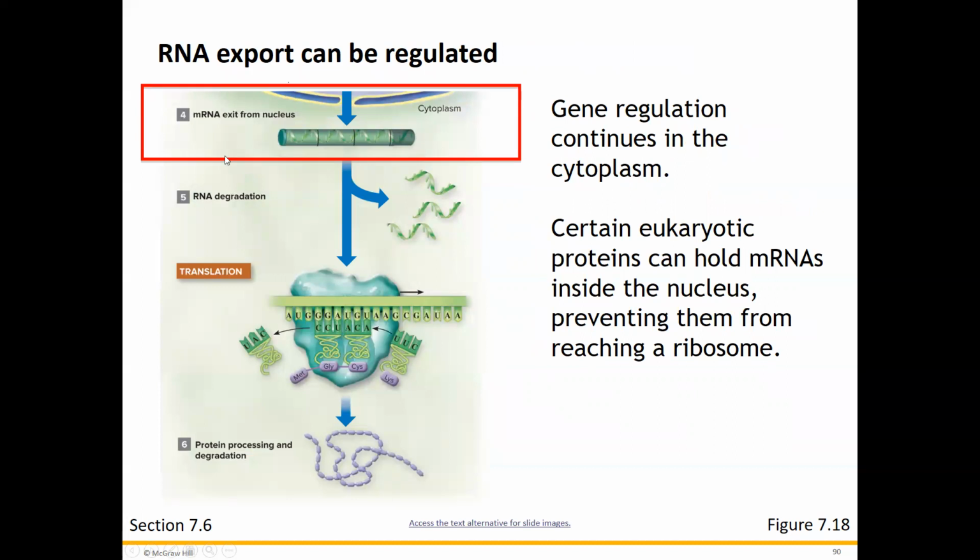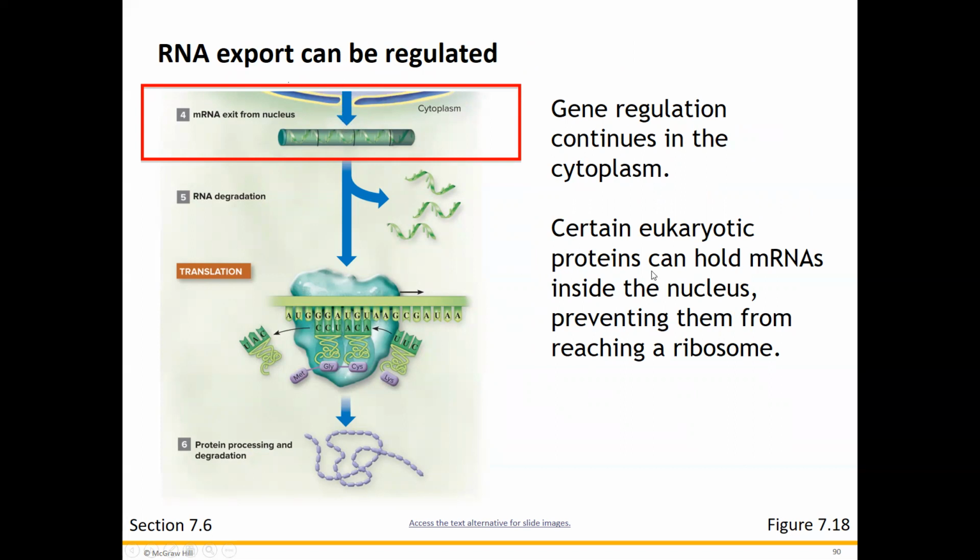The fourth way they have is that we've got the messenger RNA and it's all processed and ready to leave. Well, it's got to go out these nuclear pores. There are plenty of proteins that are located at these pores that can interfere with the messenger RNA coming out of the pore.